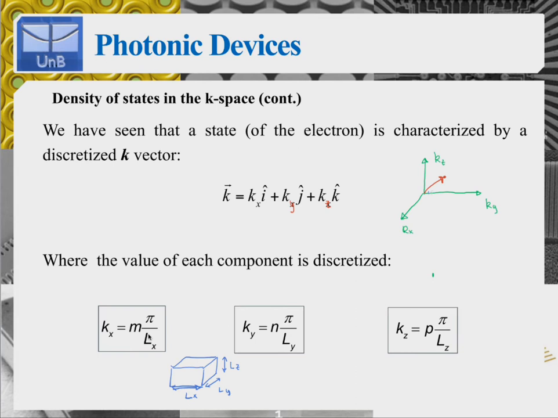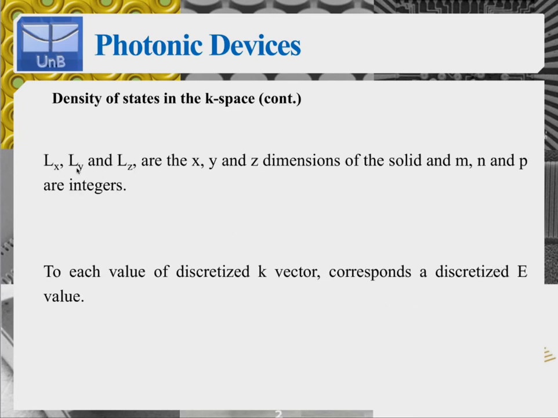The distance between points along any of these directions is pi over Lx, Ly, or Lz. In this direction, for example, it would be pi over Ly, here pi over Lx, and here pi over Lz. So Lx, Ly, and Lz are the x, y, and z dimensions of the piece of semiconductor, and also m, n, and p are integers.